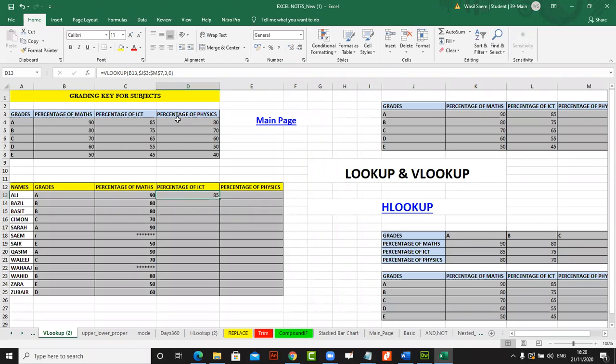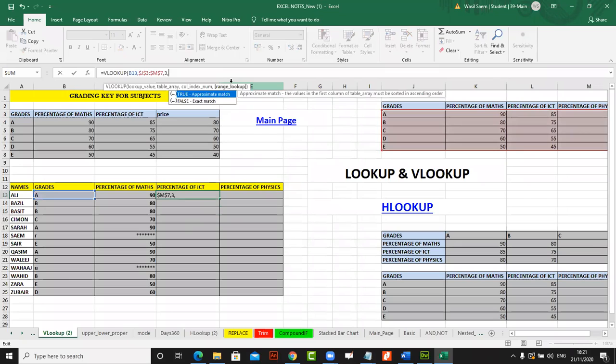So what you're saying is, can we just consider this as, let's say, a price? You're talking about nested IF, right? Yes, sir. Okay. Let me just construct something and I'll explain.